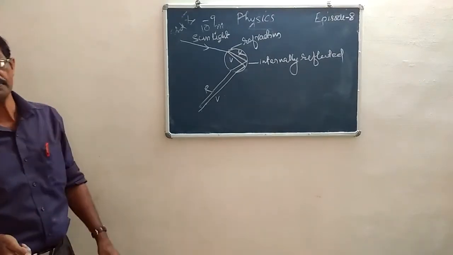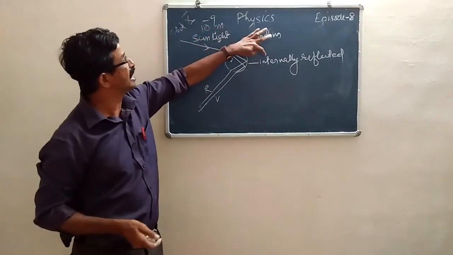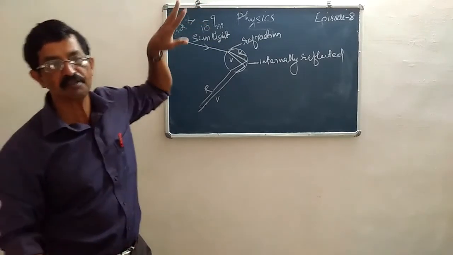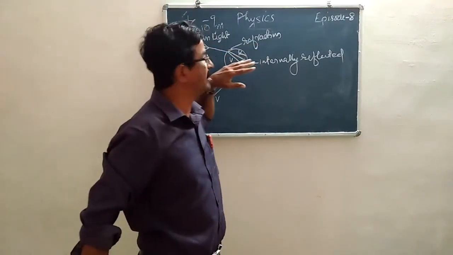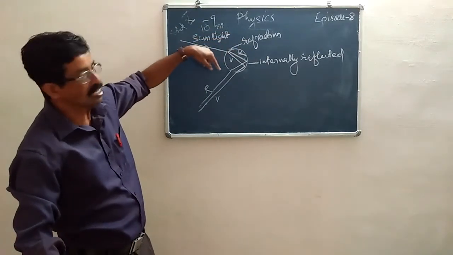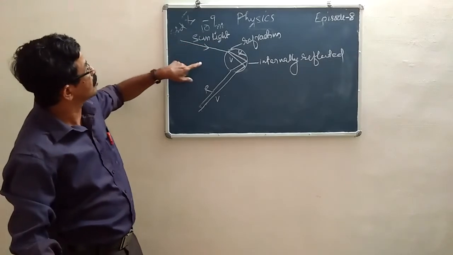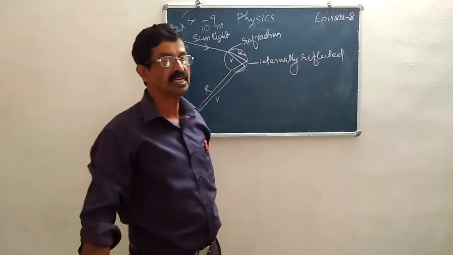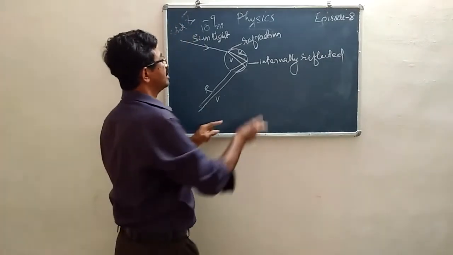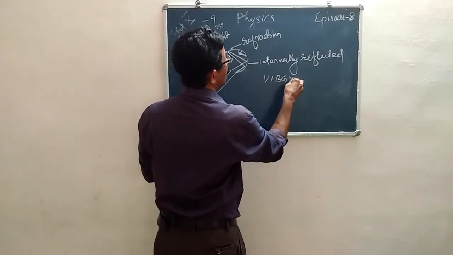Here, what are the things happening in these droplets? Refraction, then internal reflection, again refraction. Due to this refraction and internal reflection, we get the rainbow. Now see, when you see different colors, you see them this way: violet, indigo, blue, green, yellow, orange, red.